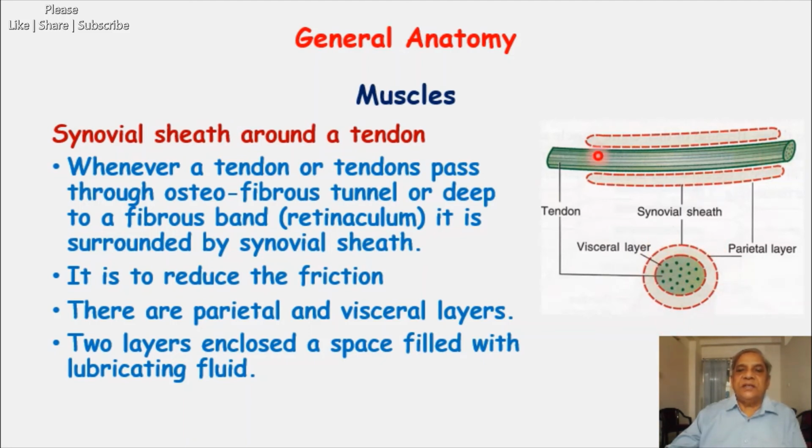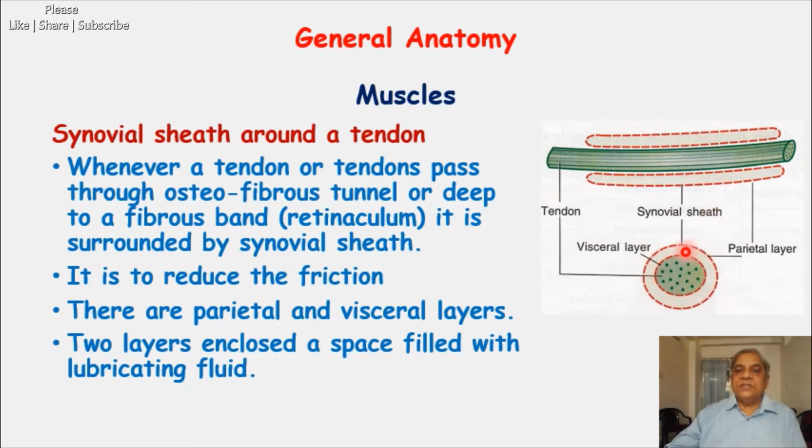Whenever this tendon is moving, if there is a bone here, it will be rubbing against the bone, so to minimize this friction between the bone, ligaments, or retinaculum, a tendon is surrounded by the synovial sheath. Now this synovial sheath is a closed cavity.